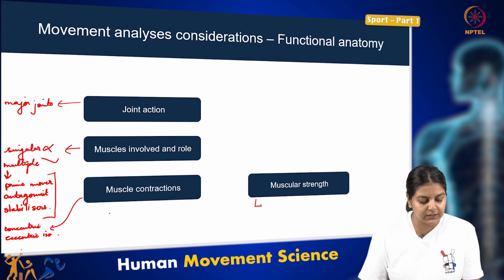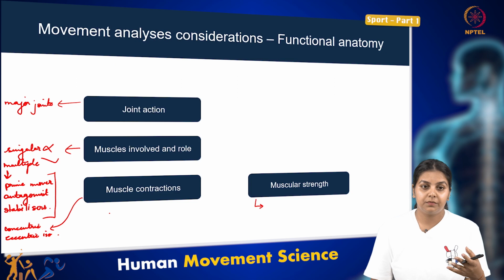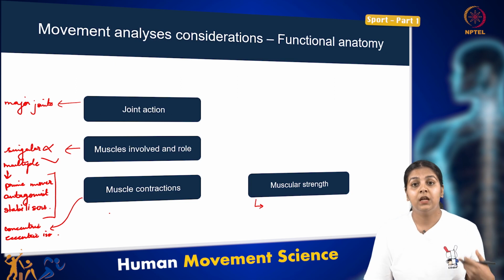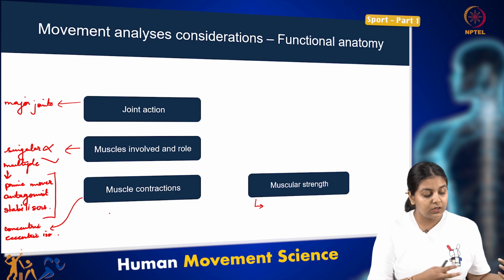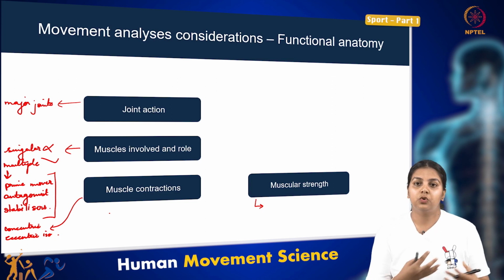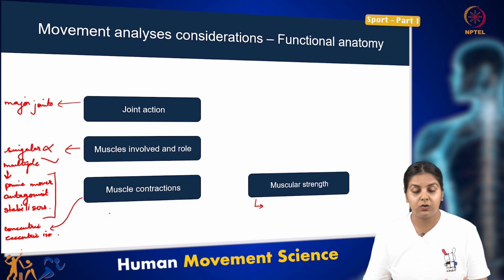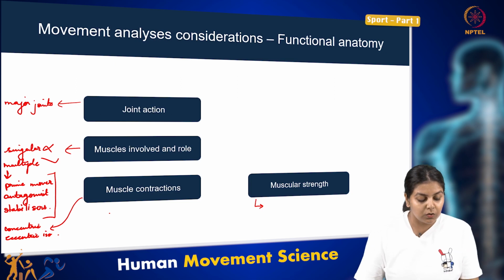So if you are, for example, a gymnast, and you're performing a backflip on the bar, right, on the beam, you need to understand the muscles involved would be the shoulders, it could be the elbow joint, and there's a lot happening at the wrist. So do I have enough strength, right?